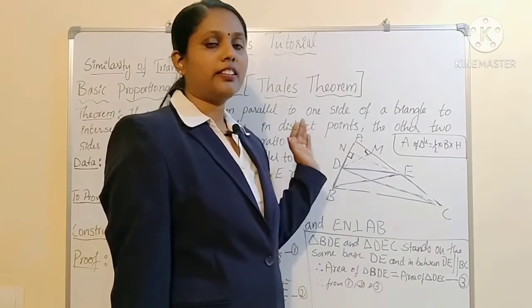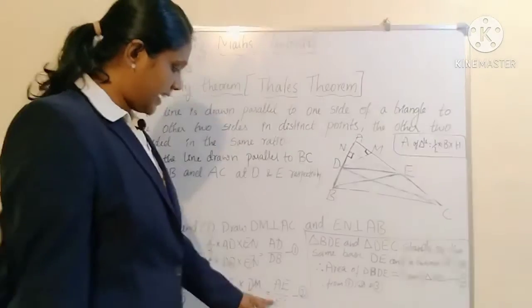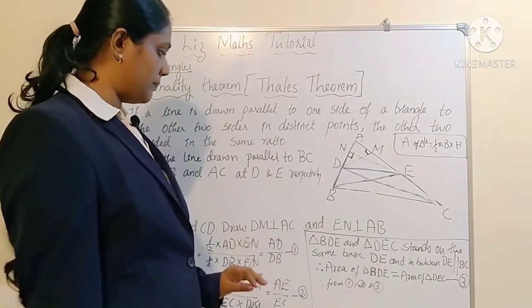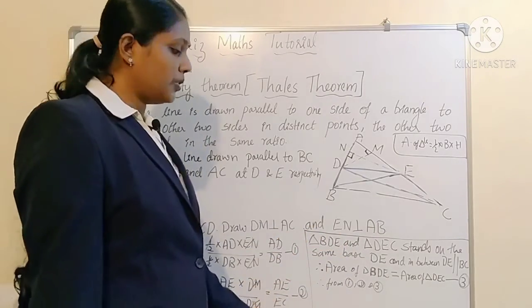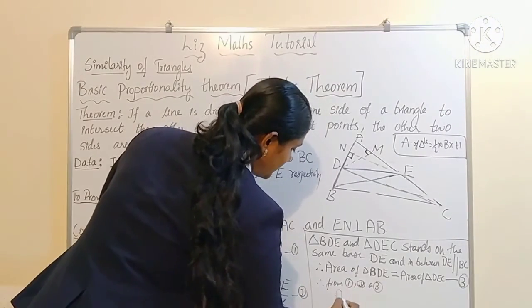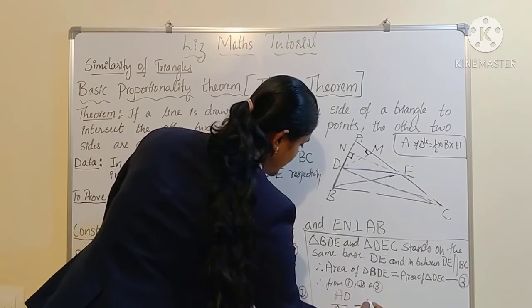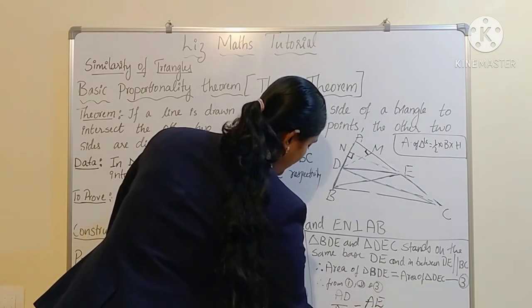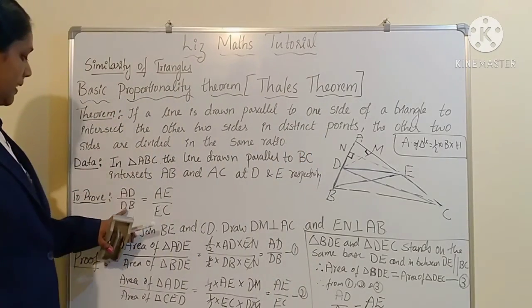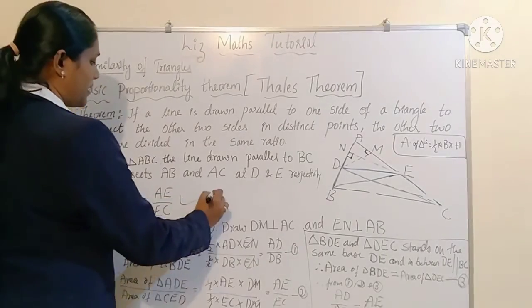Then from equations 1, 2 and 3, according to the first and second equations and from the third equation, if these two are equal, then this is equal to this. What will we get? AD by DB is equal to AE by EC. So what we had to prove here was AD by DB is equal to AE by EC. So our proof is over.